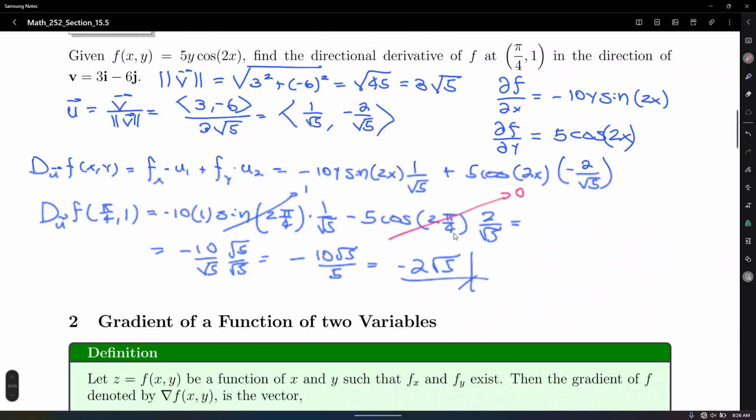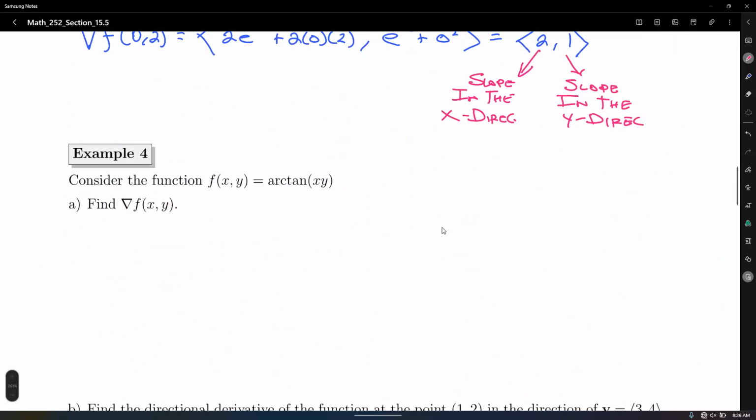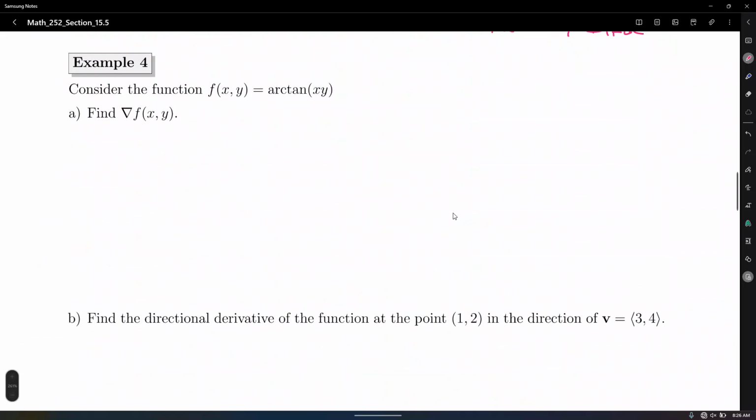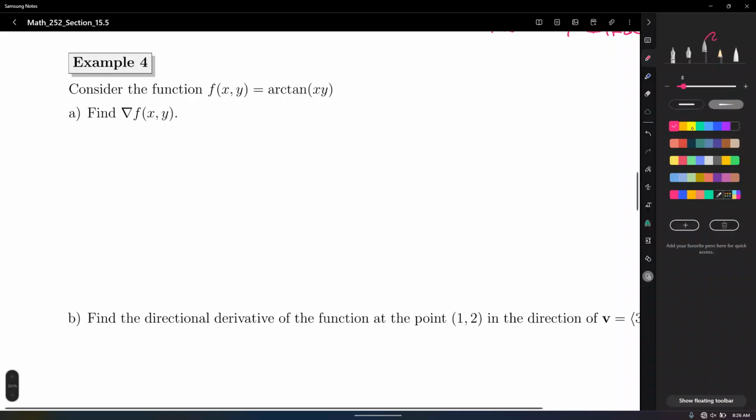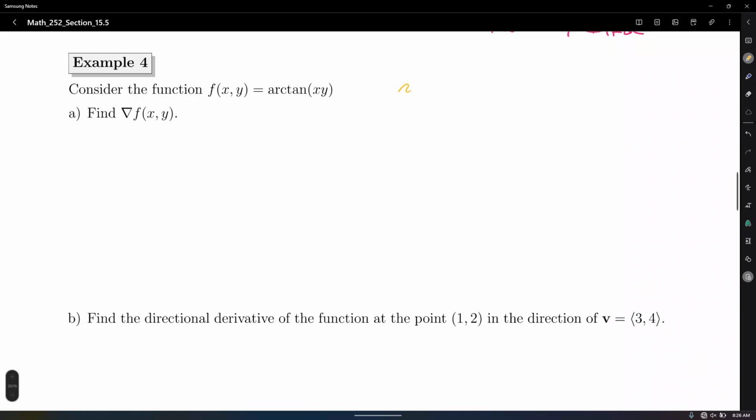All right. Okay, so let's go about this example. For the function f of x, y equals the arctangent of xy. First of all, let's recall how we differentiate the arctangent function.